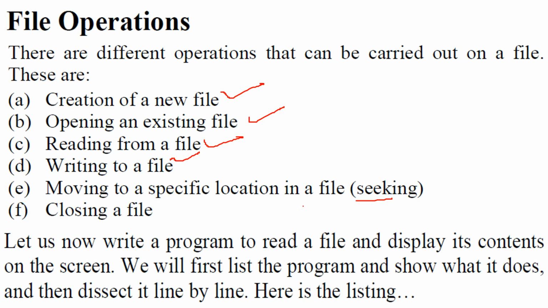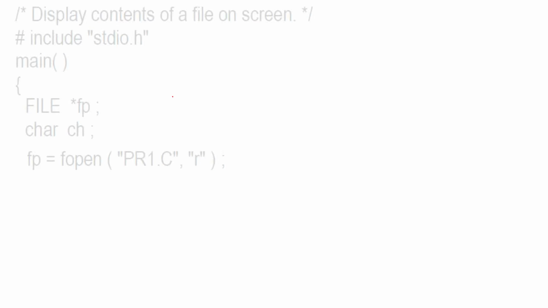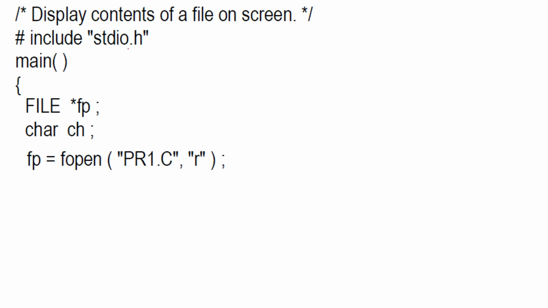We'll have a program on how to read from a file and display its content on the screen. So first we'll list that program and then see how we deal with a file.